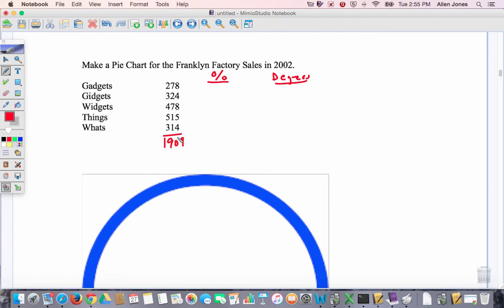So to find the percent of each category, I take 278 divided by 1909, 324 divided by 1909, and so on. And just to make life simple, I'm going to round those to the nearest percent.